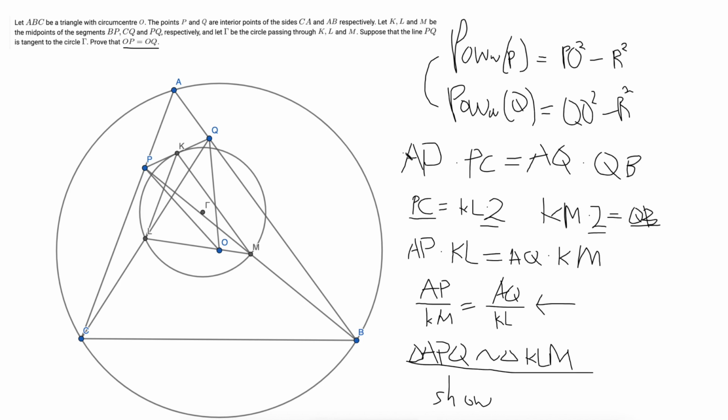Let's try angle chasing. So first, notice that KL is parallel to AC because K and L are the midpoints of triangle PQC. So it must be parallel. Similarly, KM is parallel to AB. So that gives us angle LKM equals angle PAQ.